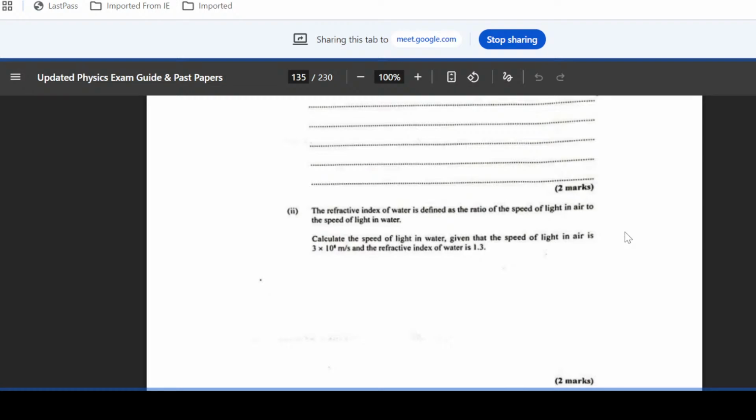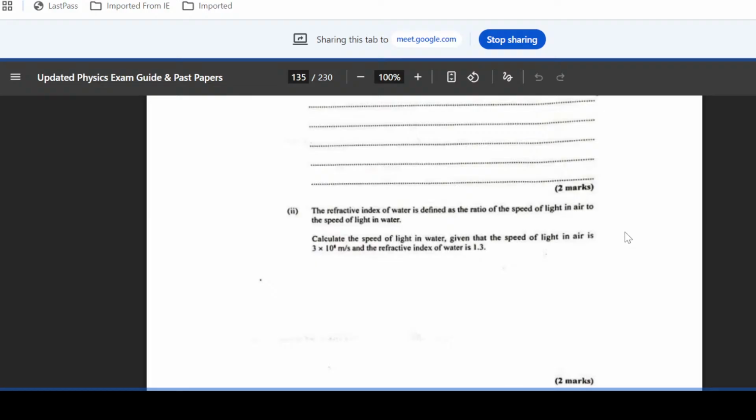For water, the refractive index that they give you is 1.3, so use whatever they give you. Alright, if you're making v2 the subject, what would it be?